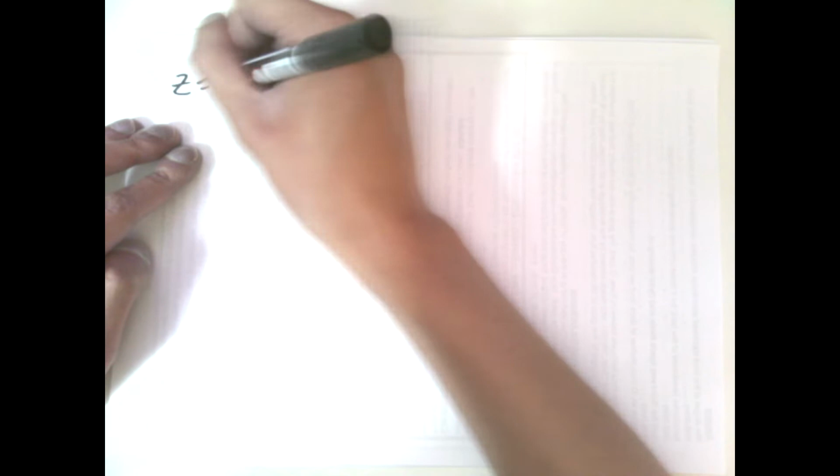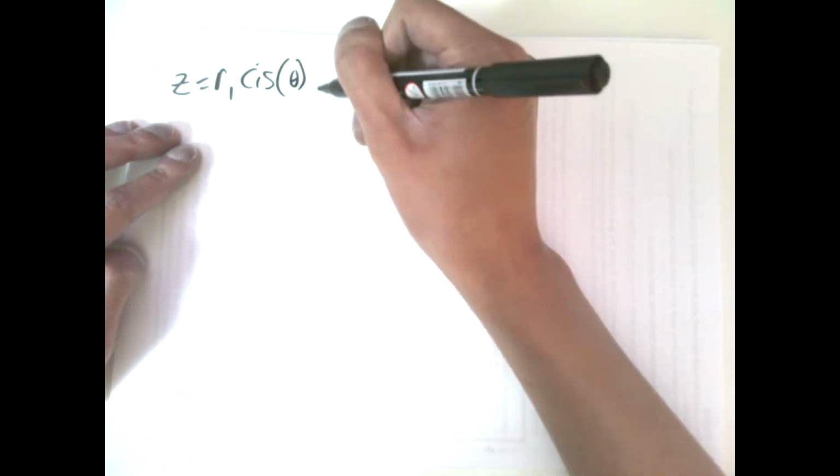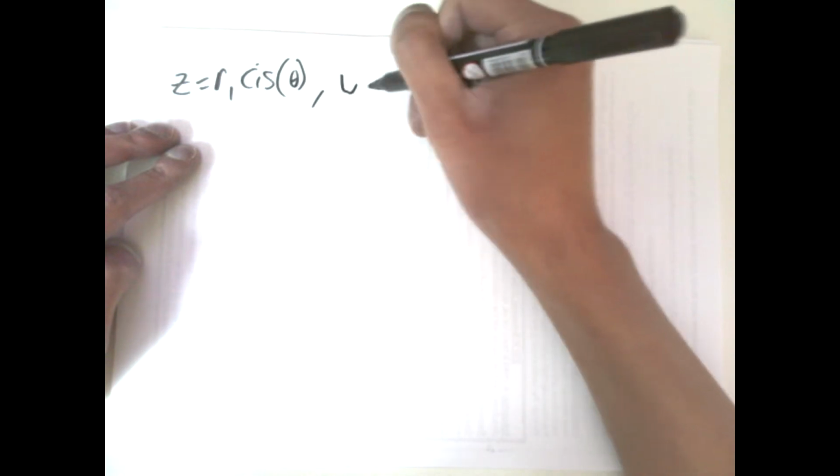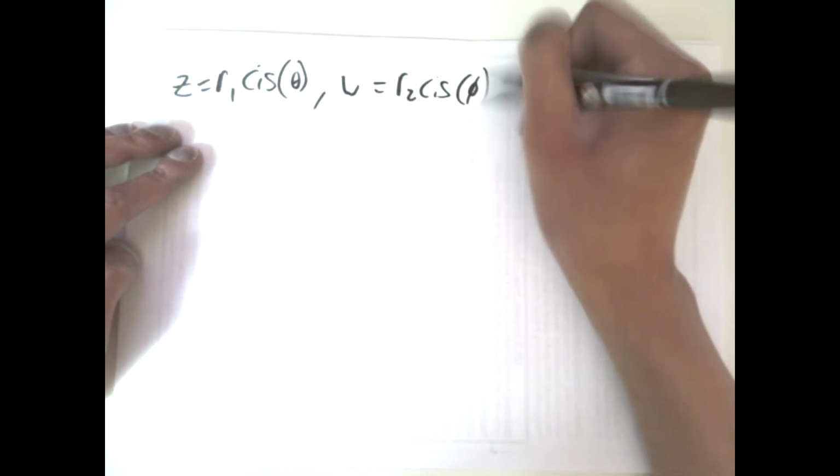Previously, we took the same complex number z and successively multiplied it by itself. In other words, we powered it up. So let's take two complex numbers which are not necessarily the same. Let's say z is equal to r1 cis theta, and w is equal to r2 cis phi.